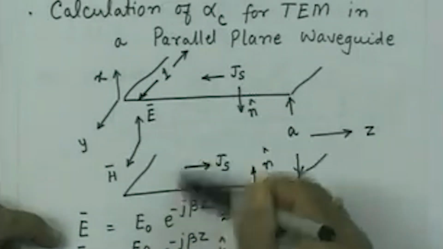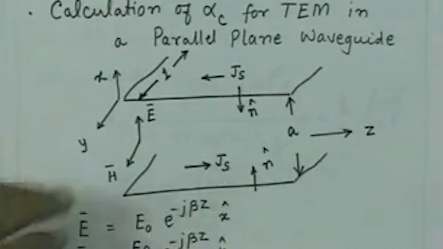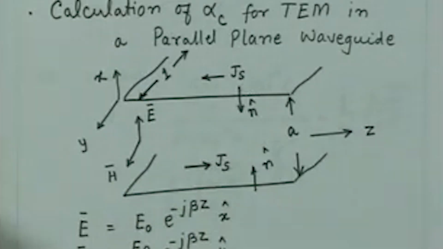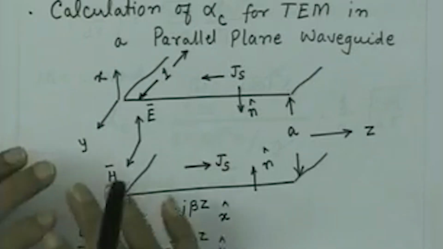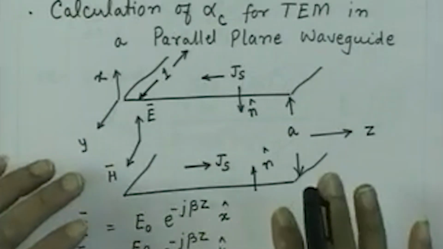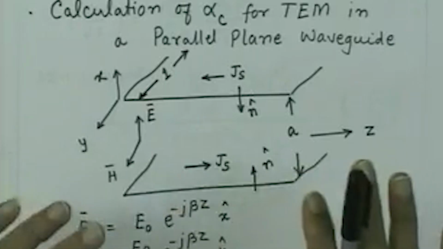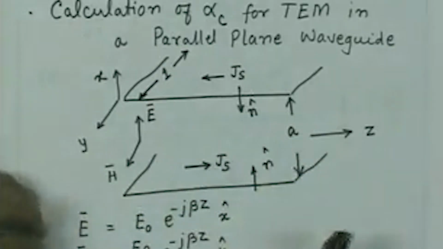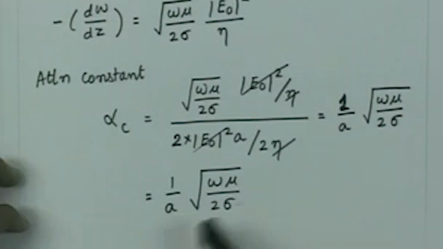However, the power carried by the waveguide increases as the height of the waveguide increases. So the power carried by the waveguide is more, but the power lost per unit length is small, and as a result the attenuation constant is small.